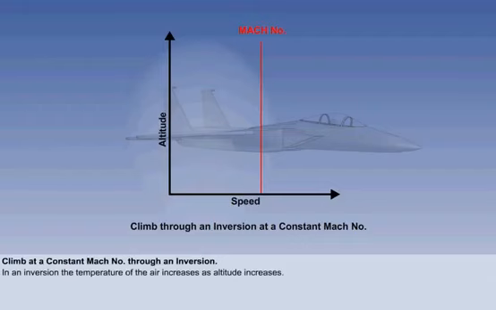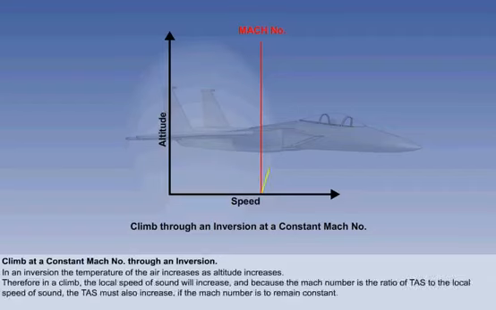In an inversion, the temperature of the air will increase as altitude increases. Therefore, in the climb, the local speed of sound will increase, and because the Mach number is the ratio of TAS to the local speed of sound, the TAS must also increase if the Mach number is to remain constant.